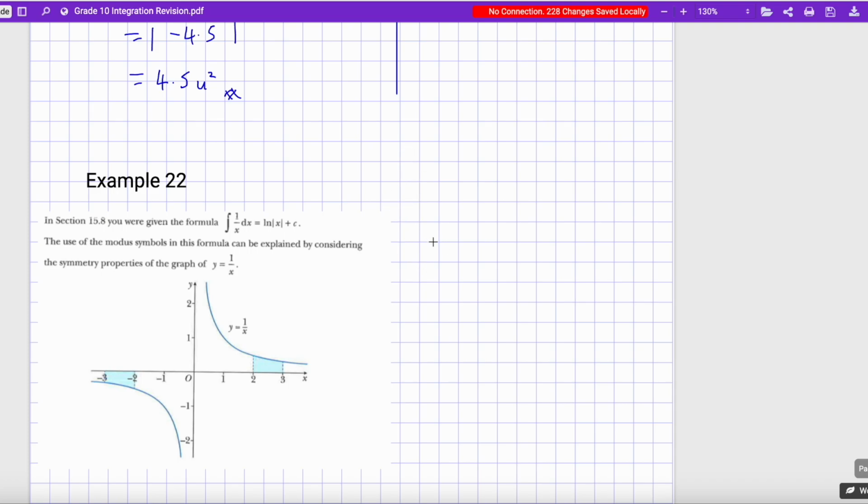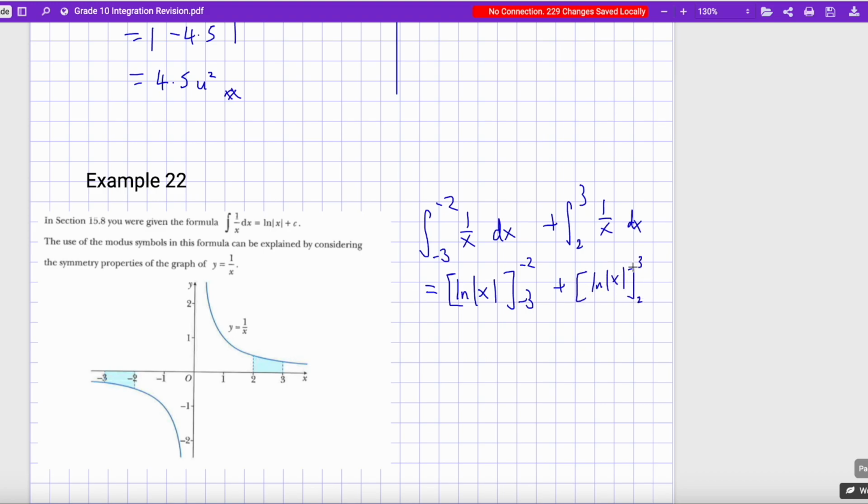All right, so let's try this one. So if we're going to integrate from minus 3 to minus 2 of 1 over x dx, we should be able to get ln of x from minus 3 to minus 2. All right, and we're going to add it with the area from 2 to 3 of 1 over x dx. So that should be equal to ln x from 2 to 3.